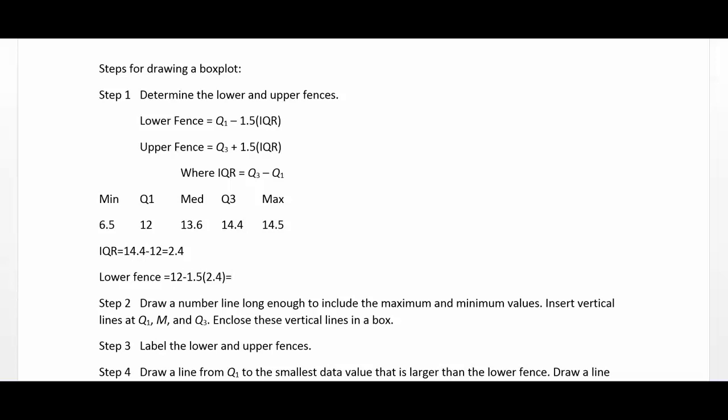And we get 8.4 for that. Okay, and then we're going to do the same thing for the upper fence. So the upper fence would be Q3, which is 14.4, plus 1.5 times the IQR. All right, so type that in the calculator. And that would be 18. So anything bigger than 18 we would consider to be an outlier.